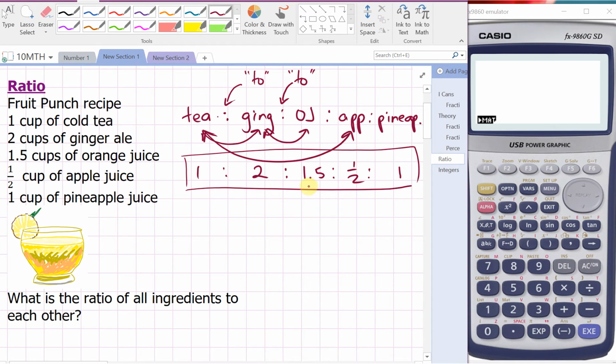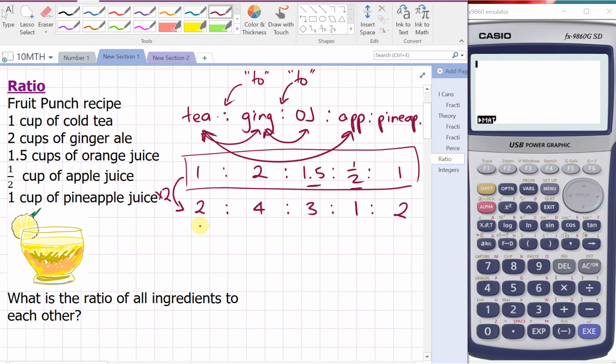Now generally we don't write the parts of the ratio as a fraction. So if we double that ratio, we should get whole numbers. So multiplying everything through by 2. We're not changing the ratio, but we're just obtaining a ratio that has whole numbers.